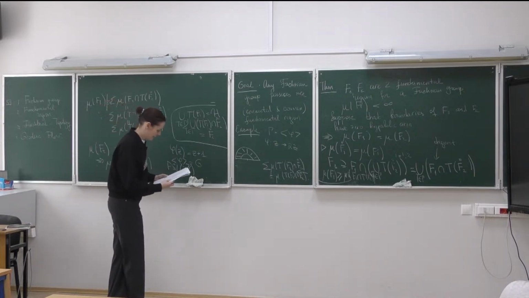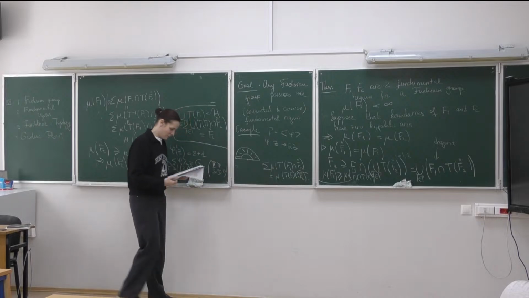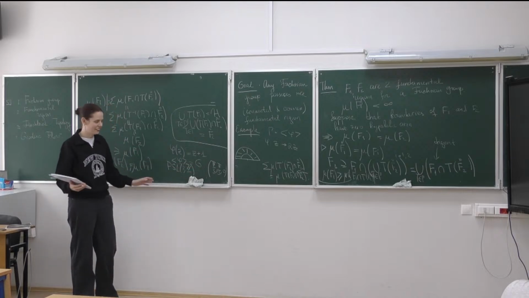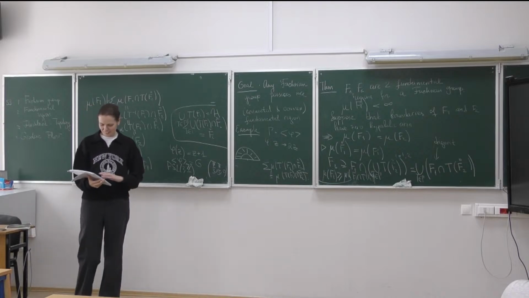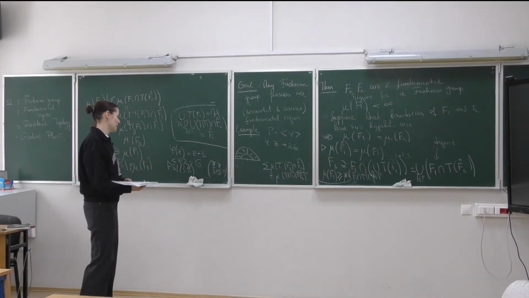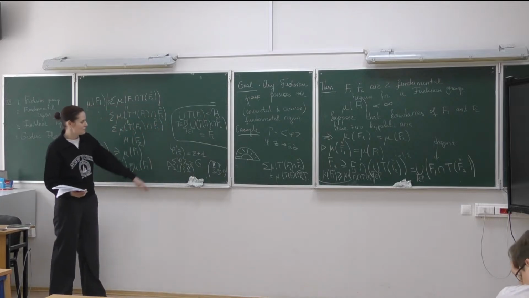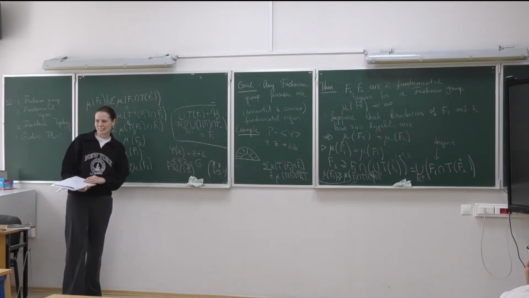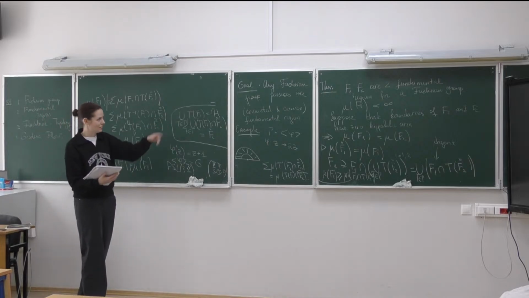I will give you a candidate. You can check if the hyperbolic triangle with angles pi over 3, pi over 3, 0 is a fundamental region for this PSL2Z. It's an exercise for homework. Then using the Gauss-Bonnet formula that we discussed in one of the previous lectures, you can compute its area and check if it's a good fundamental region from that point of view or not.